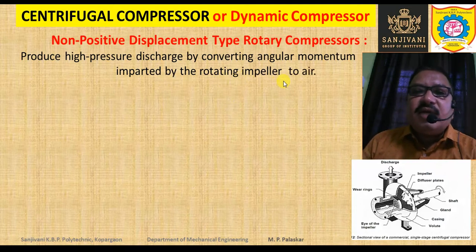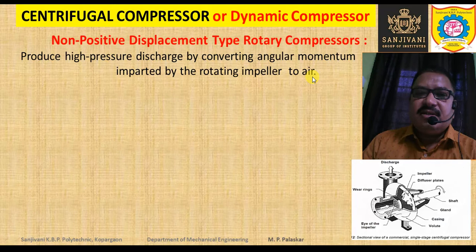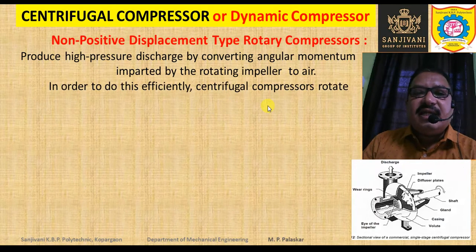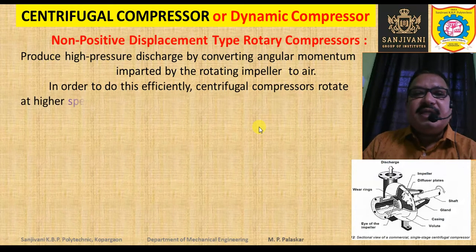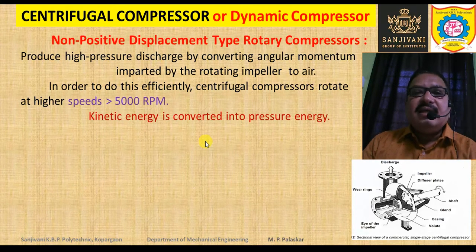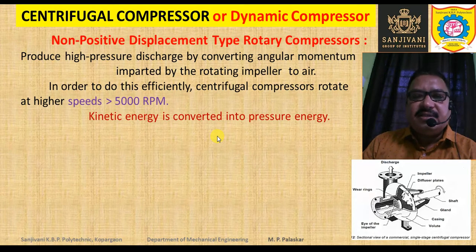imparted by the rotating impeller to the air. In order to do this efficiently, the centrifugal compressor rotates at higher speed, say something like more than 5000 rpm, and the kinetic energy is first of all imparted to the air. Later on this kinetic energy is converted into pressure energy.